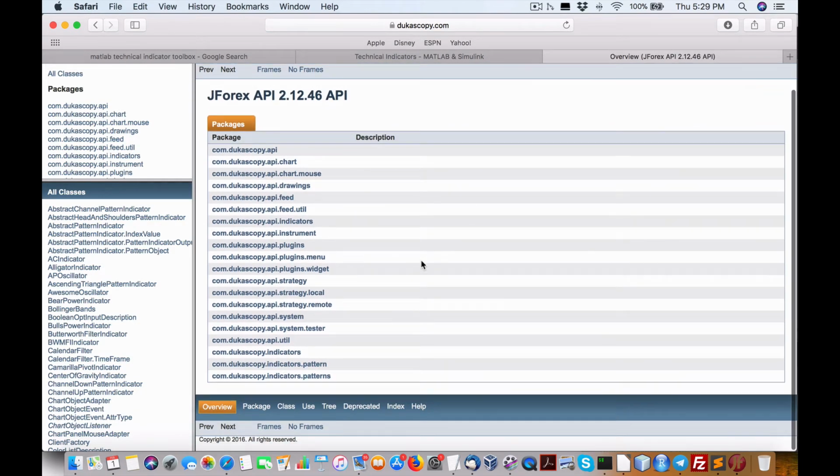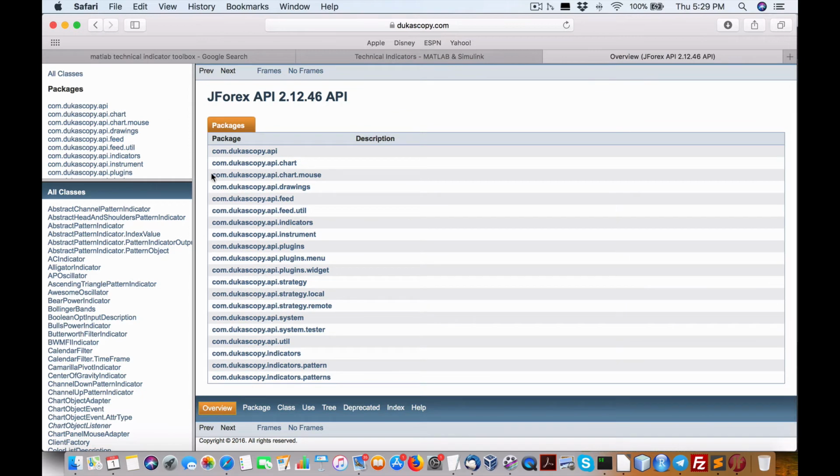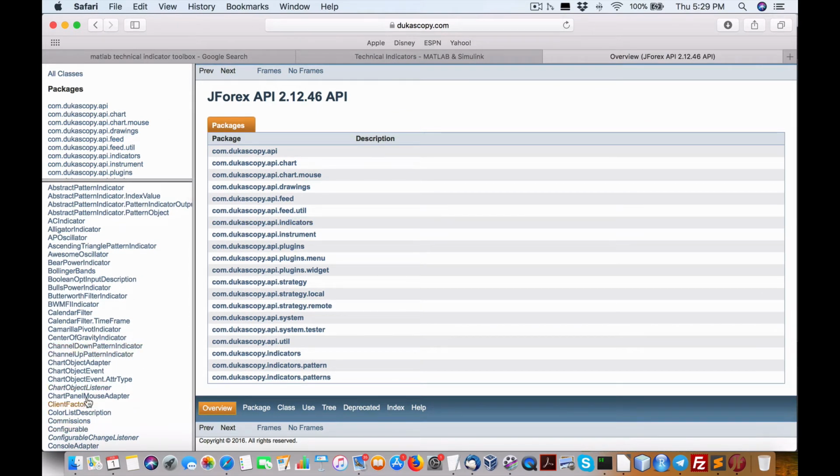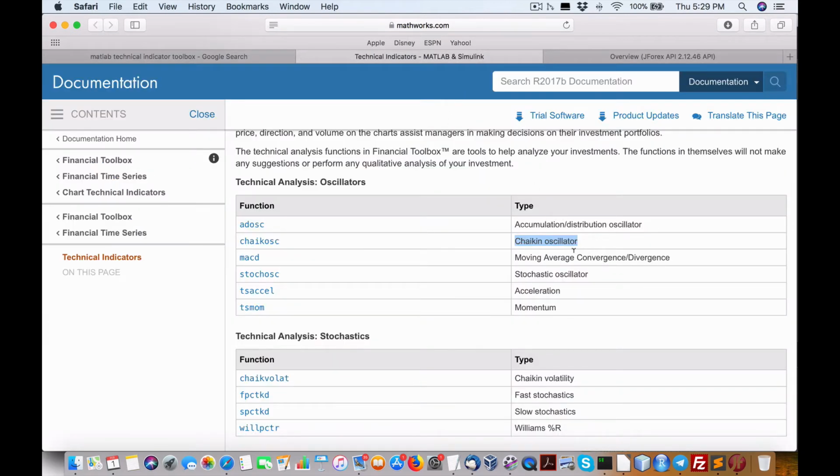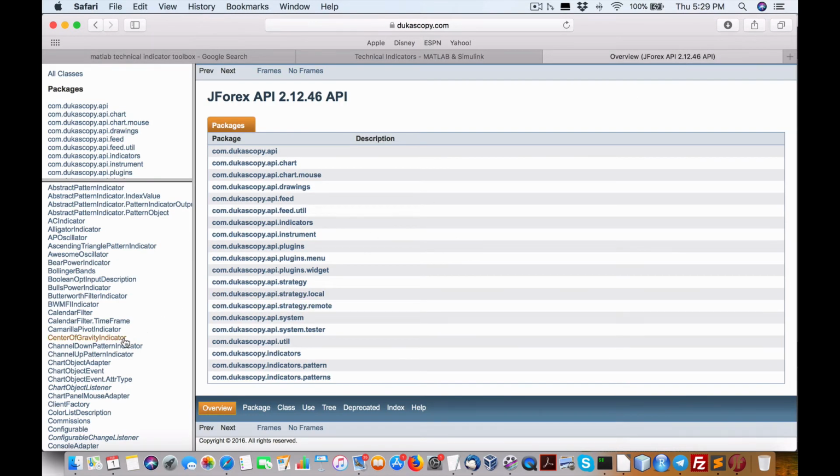So we now have the available indicators. So I don't see, have I got this spelt correctly? Yeah. Oh, it's CHA. Does it exist? No, I don't see it.